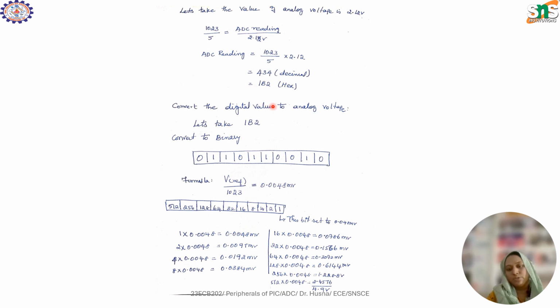Now we change this digital value back to the analog value. For that, we use the formula Vref divided by 1023, which is equal to 0.048. We multiply each bit by this to get its voltage. Wherever the bit is enabled, we multiply its weight, for example 2, with 0.048 to get the analog voltage.